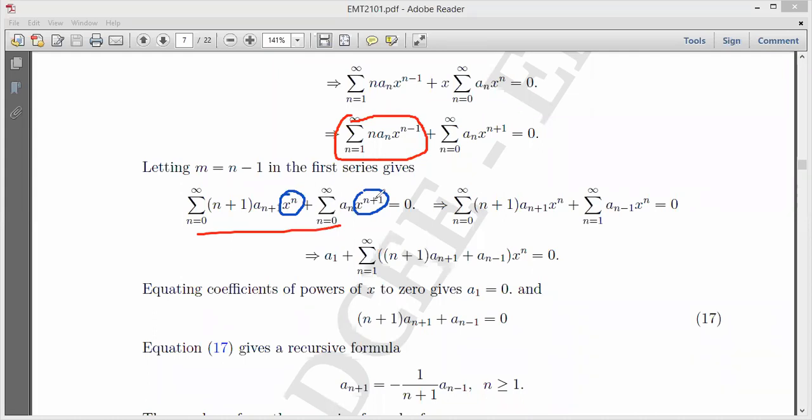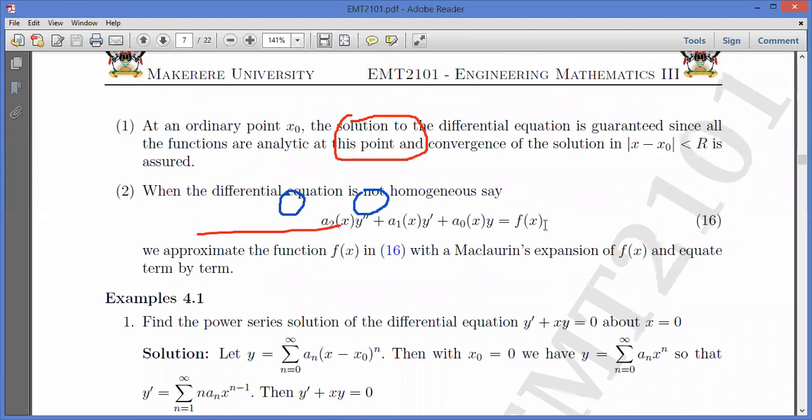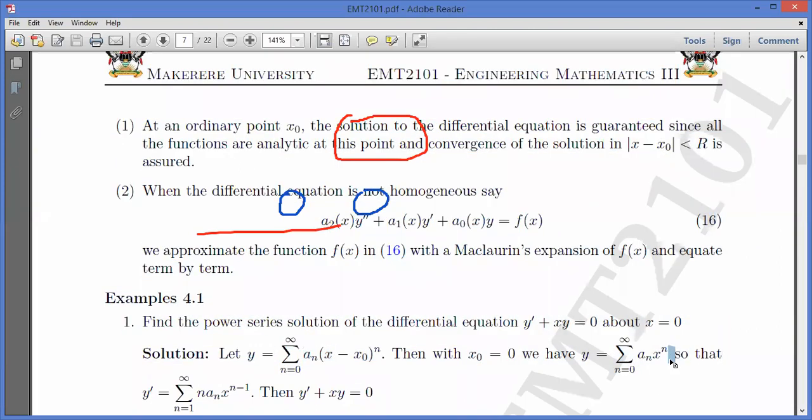The first part is now to change this x to the power n, because remember, by definition, our definition here, this one, it is a_n (x minus x naught) to the n. But remember, it was about x local to 0, so the x naught was 0. We ended up with the a_n x to the n. So we must maintain this one here. This one should be maintained, that part there.